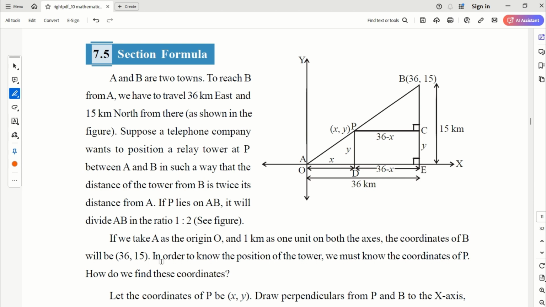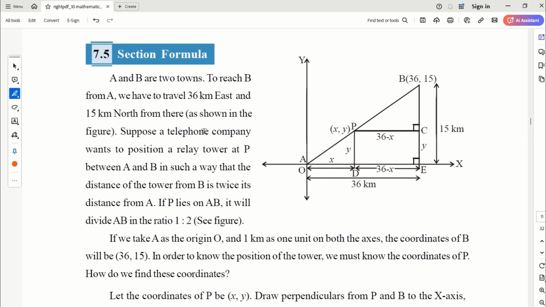Once you have the 2 points, you can draw a line segment and find a point on that line which can divide the given line segment in m is to n ratio. This is the section formula, and with this we can create plenty of example problems which we can solve using only this idea.